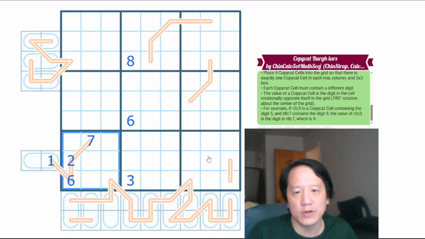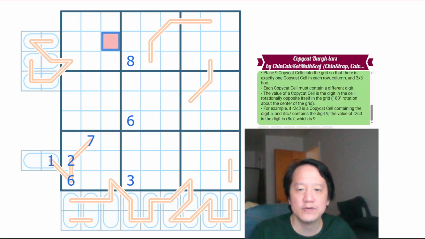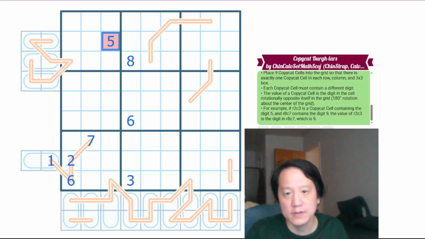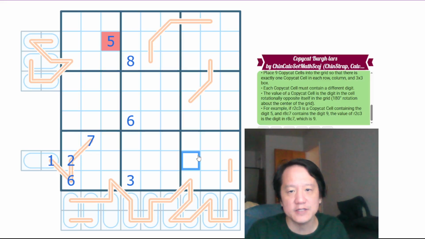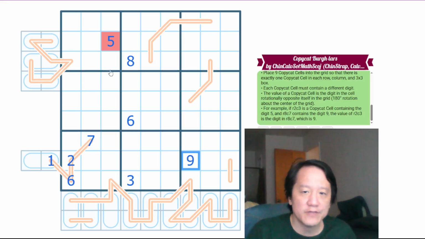So, for example, if row 2, column 3 is a copycat cell containing the digit 5, and row 8, column 7, contains the digit 9, the value of row 2, column 3 is the digit in row 8, column 7, right?